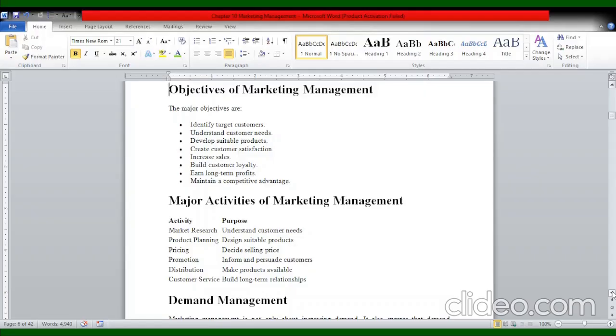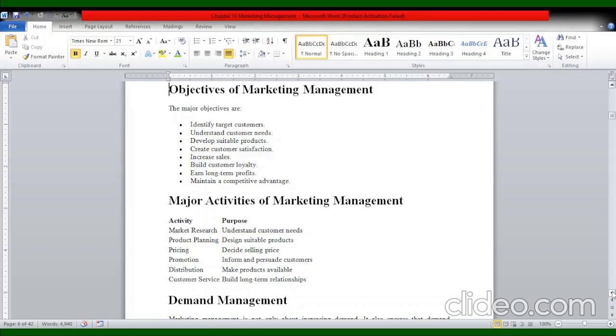Then you have to understand the customer's needs, what kind of watch they exactly want, their specifications, and then develop the suitable product. After getting feedback on customer needs and preferences, you design the product that will help you sell it easily.